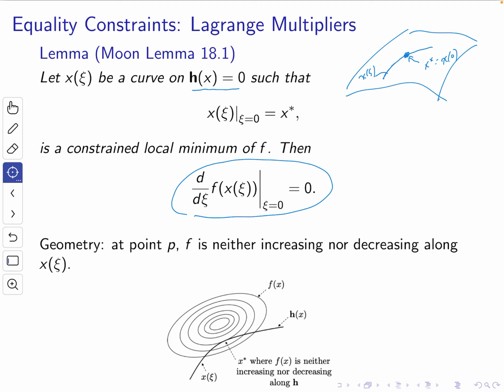Notice that as I move along here, f is decreasing, decreasing, and then right here it stops decreasing and starts increasing. So the derivative of f of x of c is going to be negative, negative, negative, 0, positive, positive, positive. This lemma says that at a constrained minimum, this derivative is equal to 0.